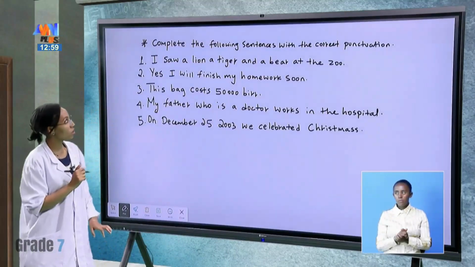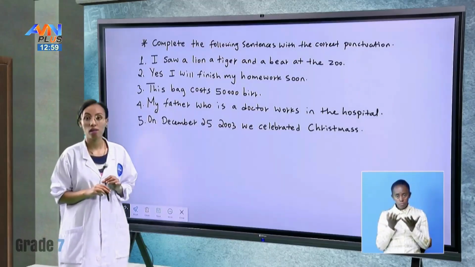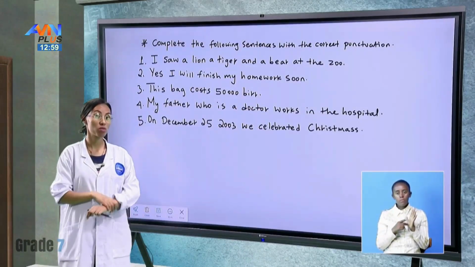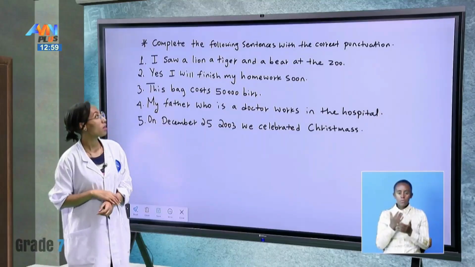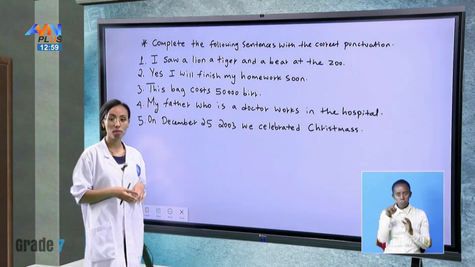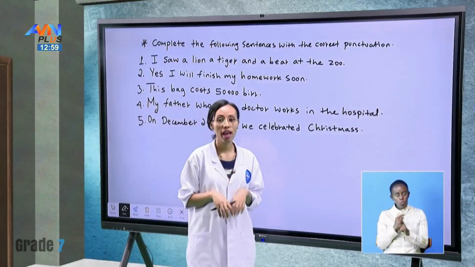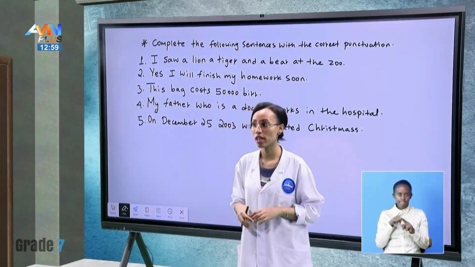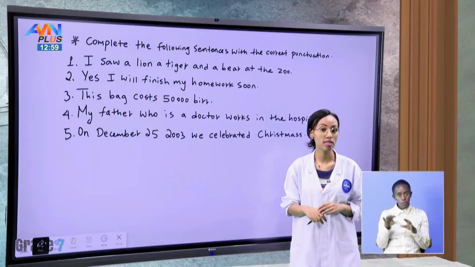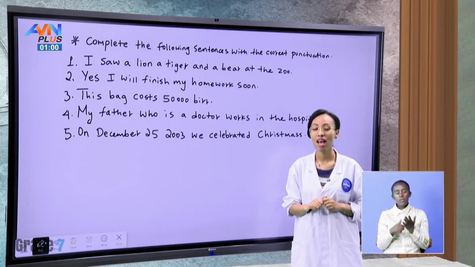Okay, so I want you to put the correct punctuation. In this case, our commas, because we've been talking about commas. Commas are missing everywhere in these sentences. I want you to put them in their correct position, and we'll get back and do it together. So I will give you 3 minutes to complete this exercise, and we'll see it together.